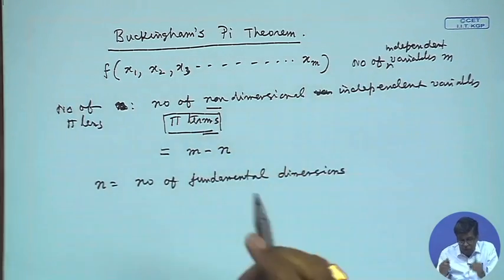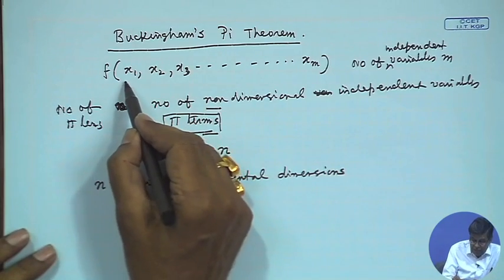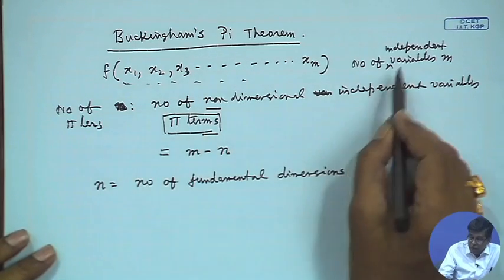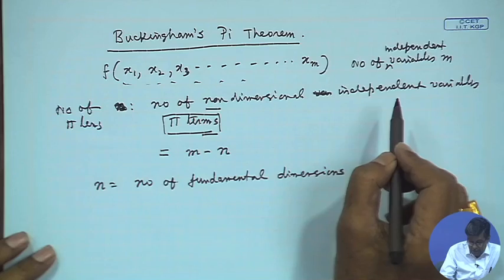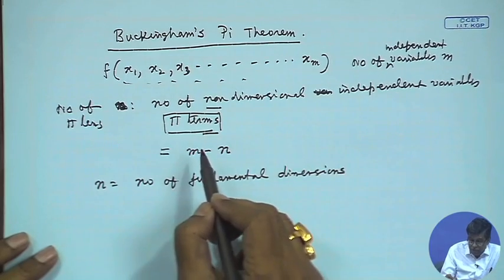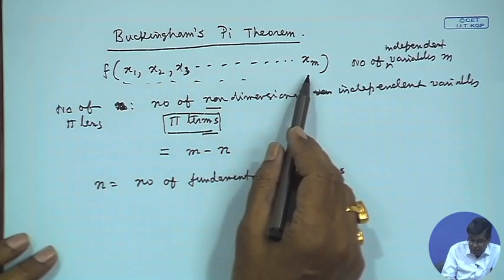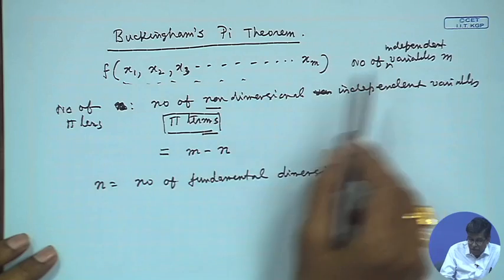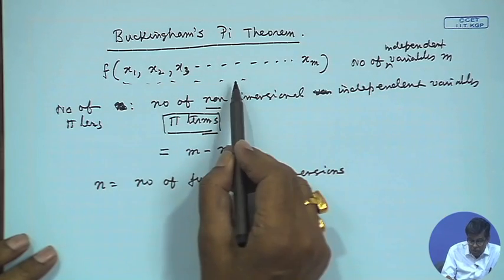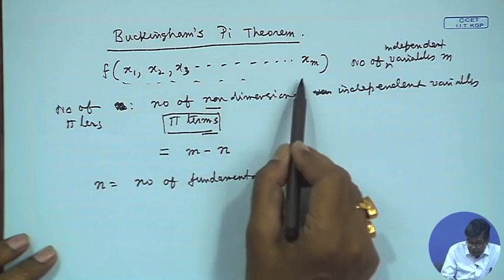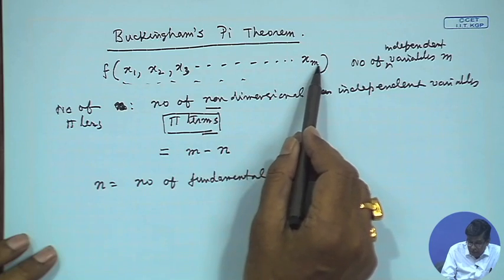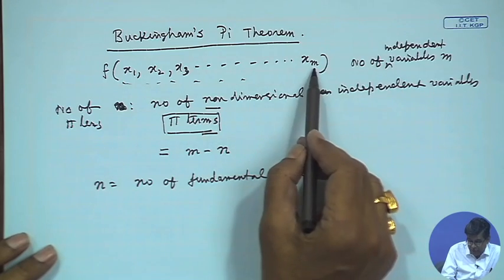Rather, it can be told this way: if a problem is defined by m independent dimensional variables, then because of dimensional homogeneity, there will be a smaller number of non-dimensional variables controlling the process, less than the number of the counterpart dimensional variables m.